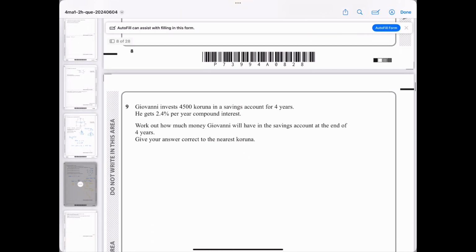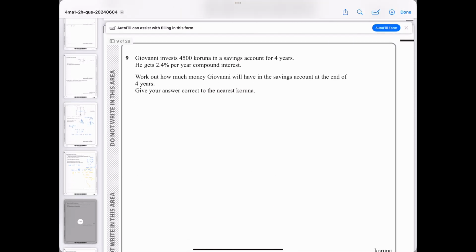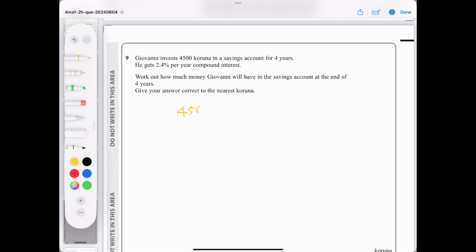Right. Giovanni invests 4,500 koruna in a savings account for 4 years. He gets 2.4% interest, compound interest. Work out how much money he will have in the savings account at the end of 4 years. So 4,500 is 100%.